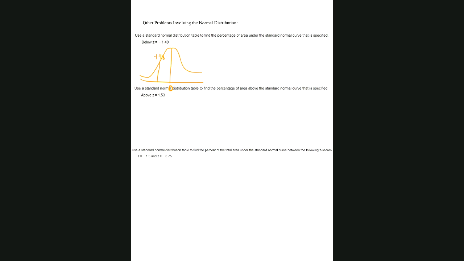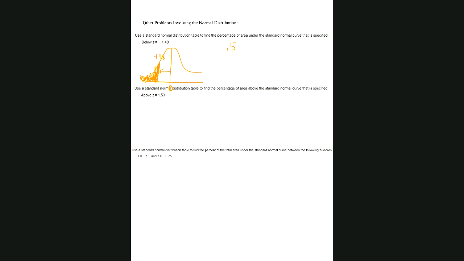Okay, so I know that this whole side, one side of it, is 0.5. So all I have to do is find the area from here over.